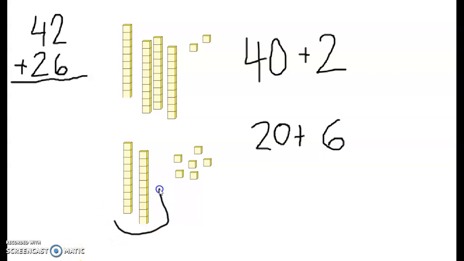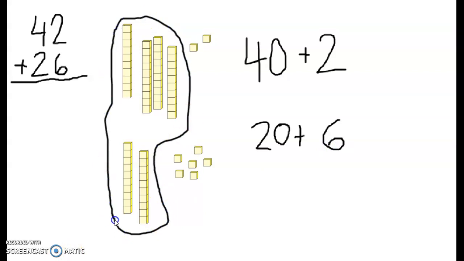When I combine these base 10 blocks, I know that I now have 10, 20, 30, 40, 50, 60. I have 6 tens, whose value is 60.